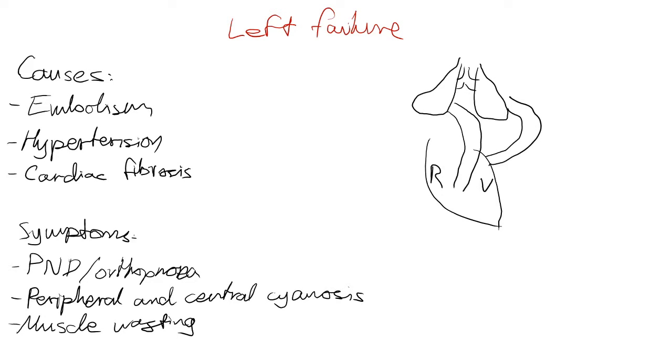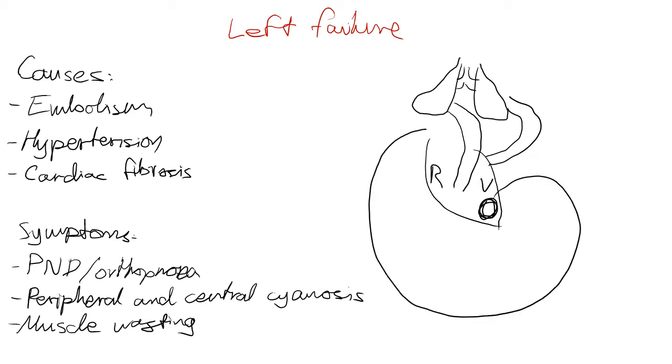So as we can see, the left ventricle, which is present here, has the job of pumping blood to the systemic circulation so that it can return back to the right side of the heart. However, if there is inadequate pumping of this ventricle, then eventually the blood starts to back up through the left atrium, slowly going up through the pulmonary vein and into the lungs. All right, so that's what we see in left-sided heart failure.